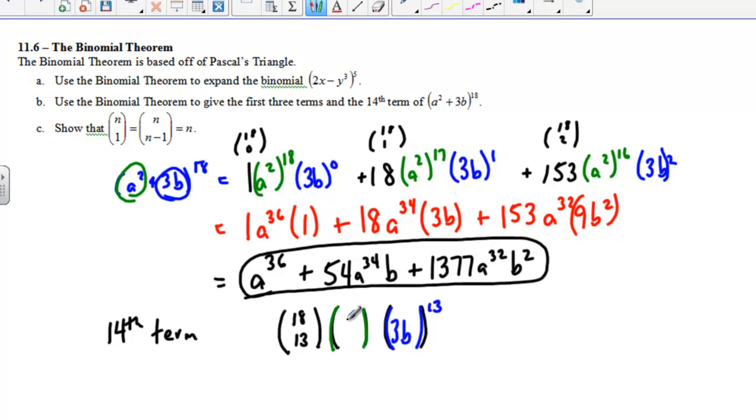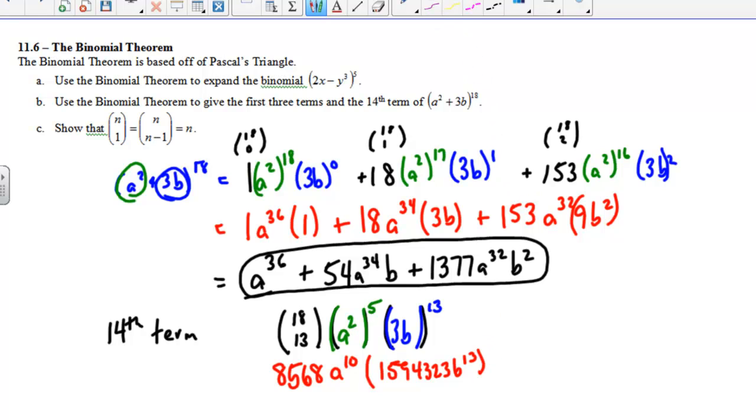And then the last part is this a squared, and a squared goes in that parentheses, and the exponents, 13 and whatever this exponent are, have to add up to 18, and so that's going to be 5. So then when I figure this out, 18 over 13 is 8568. This is a to the 10th, and then this becomes 1594323 b to the 13th.